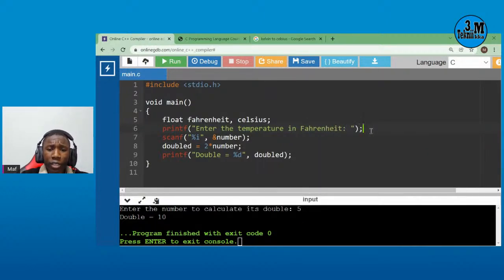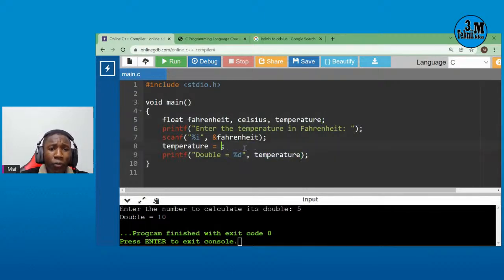Then after the user sees this message, he's going to enter the temperature here in the scanf function, and then we can calculate the temperature. The temperature is another variable. We can put here the variable temperature, and then we'll display the temperature here.